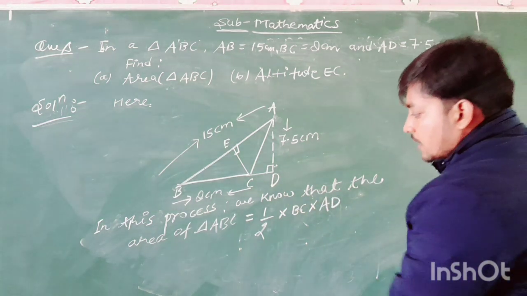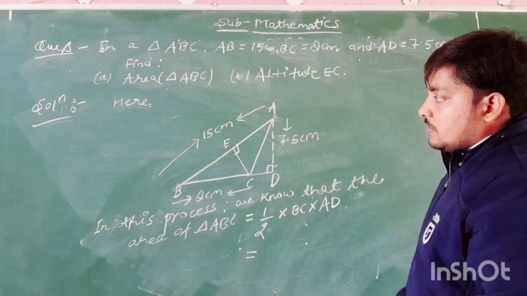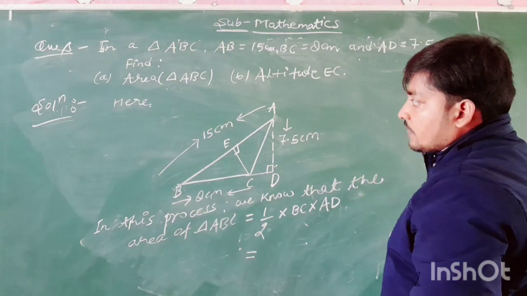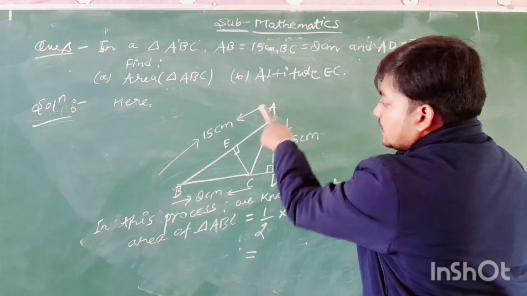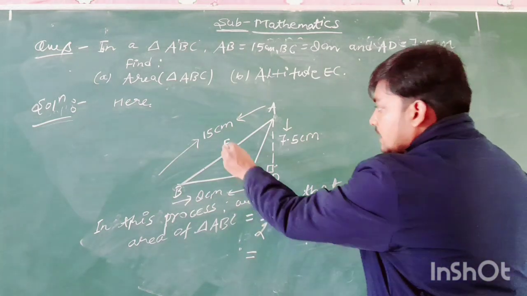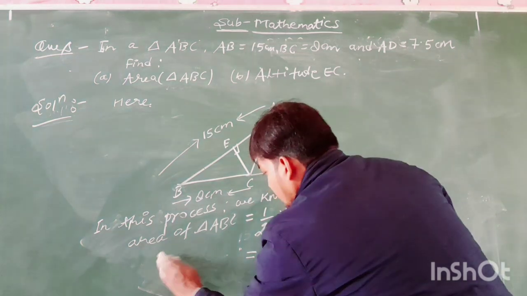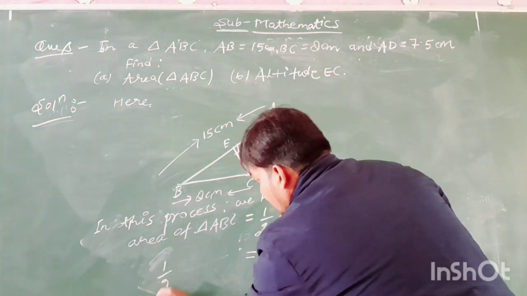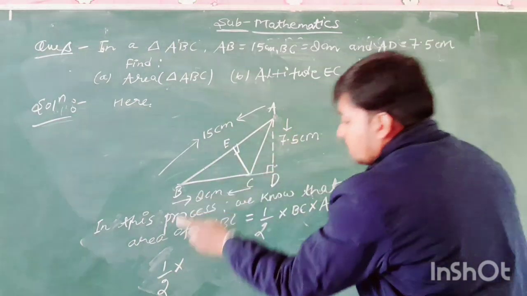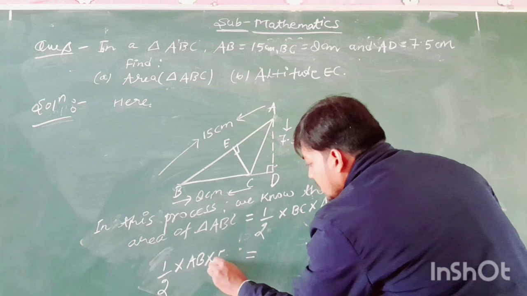And again we have to write the area of the triangle ABC in the other way. If we consider base AB, then the respective height is EC. So 1 by 2 into base AB and respective height EC.